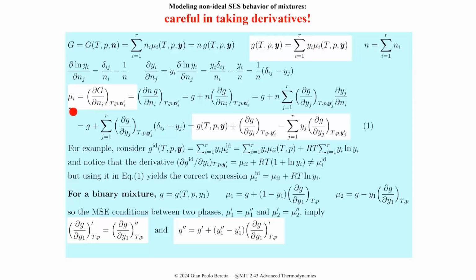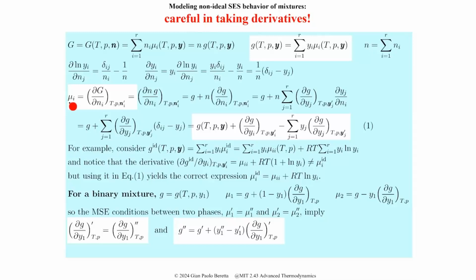But you might be tempted to say that therefore the chemical potential is the derivative of little g with respect to y. But it is not. That's why you have to be careful.